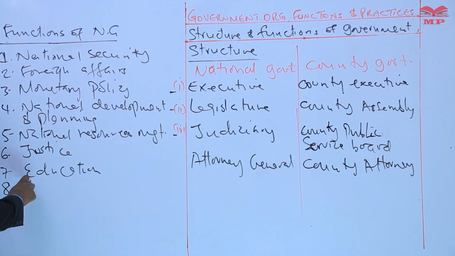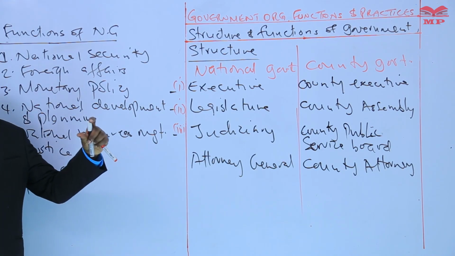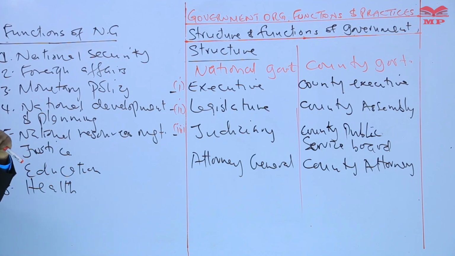Number 8, health. The national government is responsible for the development and management of health policies and health systems, including the provision of funding for public health facilities and the management of national health programs. Trade and industry, number 9.